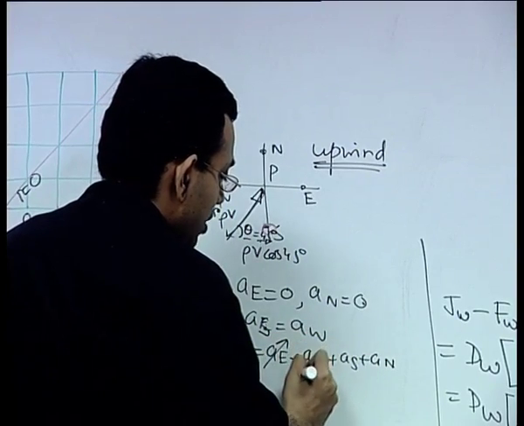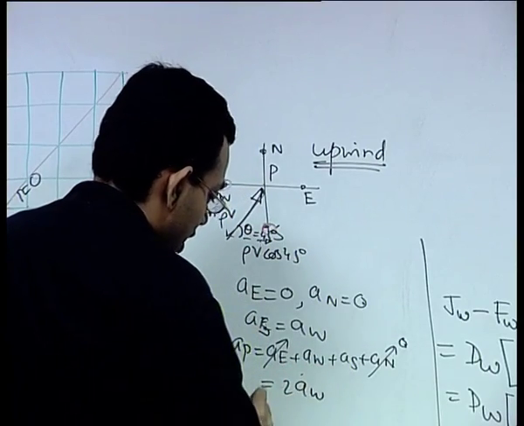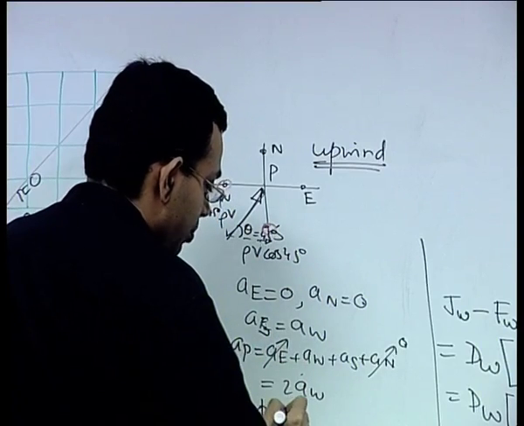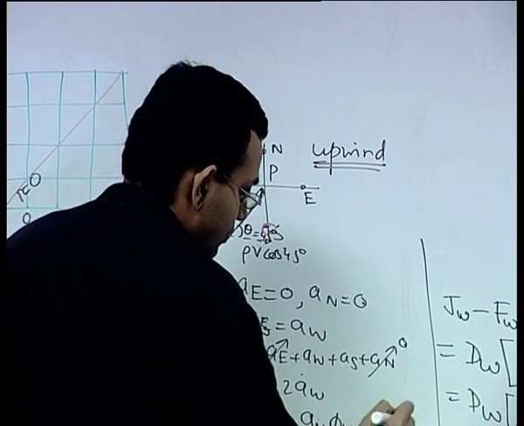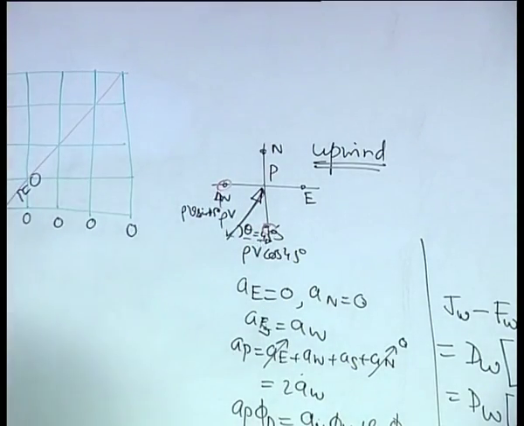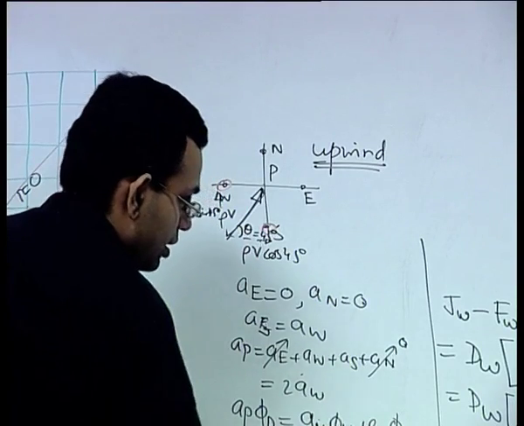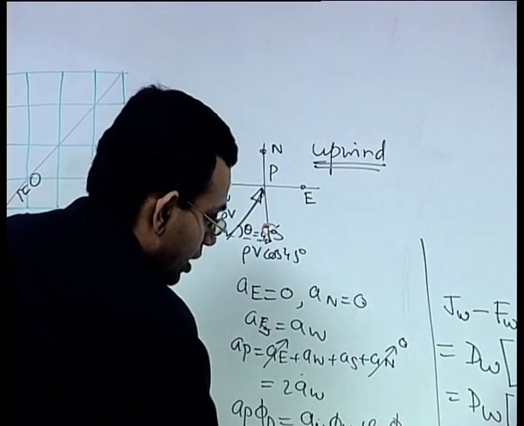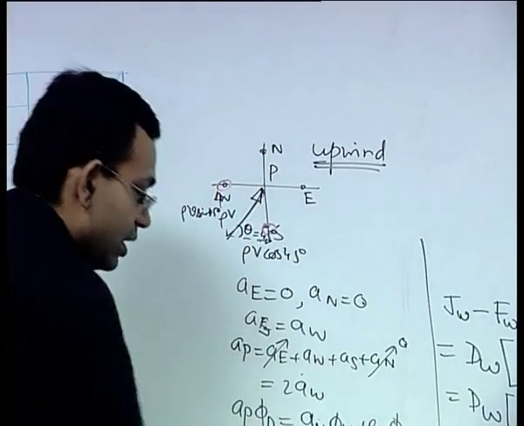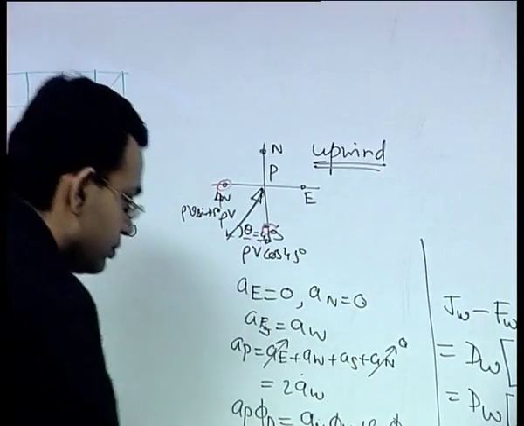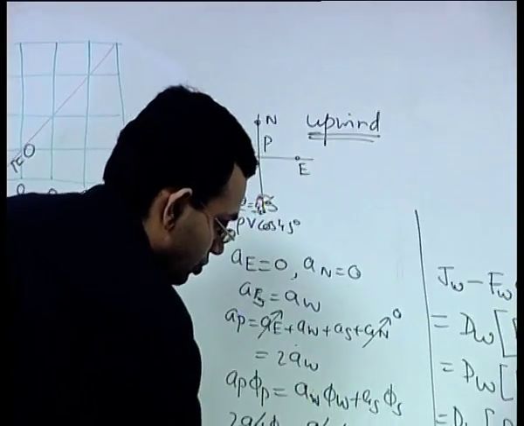So AE and AN are 0, so this is 2 AW, and your discretized equation is AP phi P equal to AW phi W plus AS phi S, other terms are 0. So 2 AW phi P is equal to AW phi W plus AW phi S, all these are AW. So phi P is equal to (phi W plus phi S) by 2.